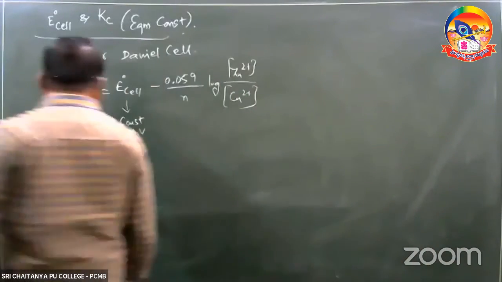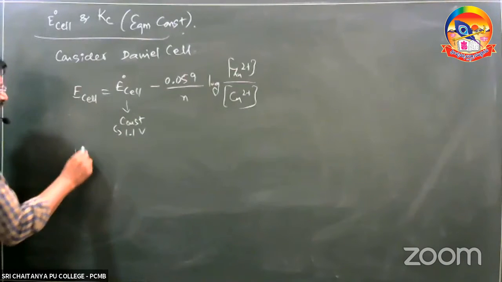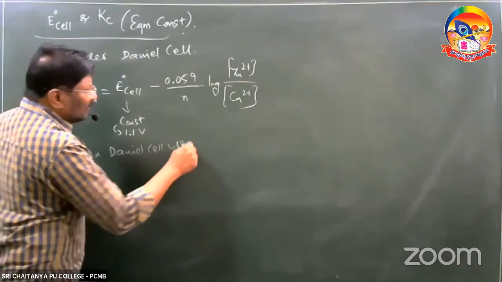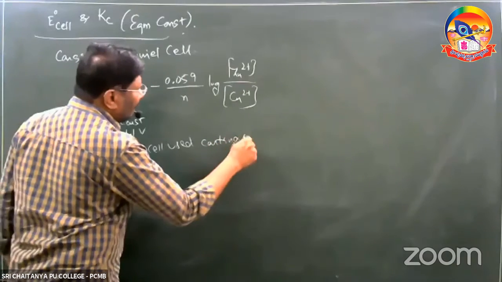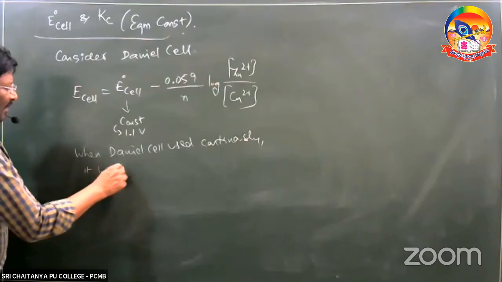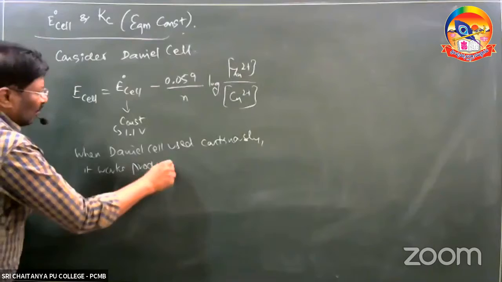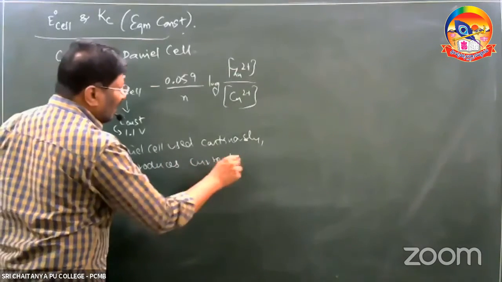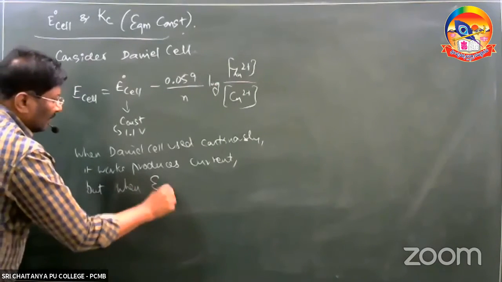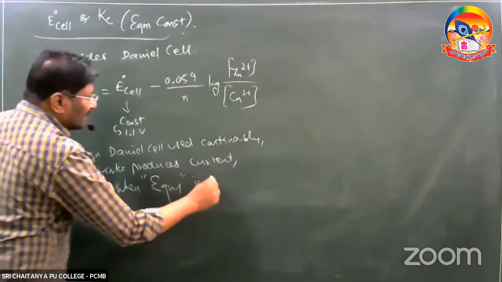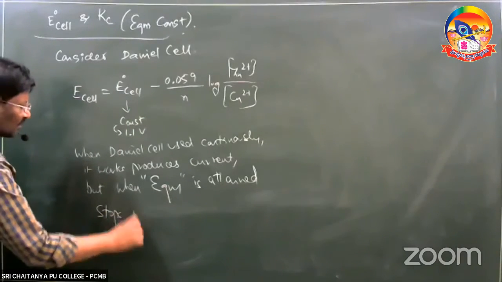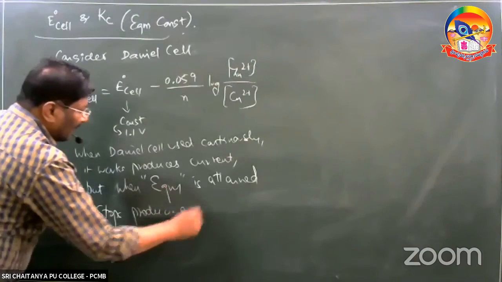So therefore, what we can say: when the Daniell cell is used continuously, it works and produces current, but when equilibrium is attained, it stops producing current.